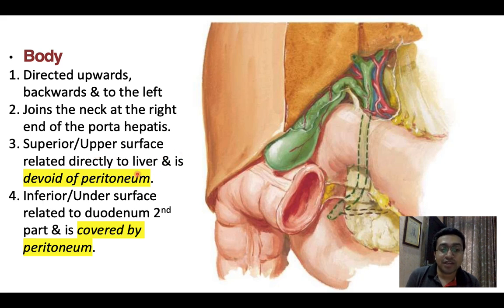We can understand this statement from the previous diagram. The inferior or undersurface is related to the second part of the duodenum and is covered by the peritoneum. So the superior surface is devoid of peritoneum and the inferior surface is covered by the peritoneum.